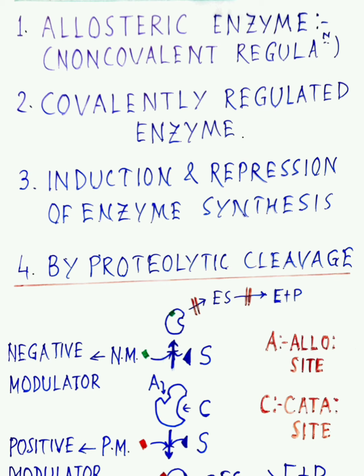The fourth type of enzyme regulation is regulation of enzyme activity by specific proteolytic cleavage. Some enzymes are synthesized in an inactive precursor form, called zymogen or proenzyme, that is subsequently activated by cleavage of one or a few specific peptide bonds.